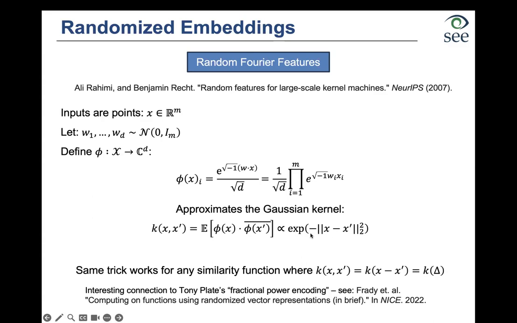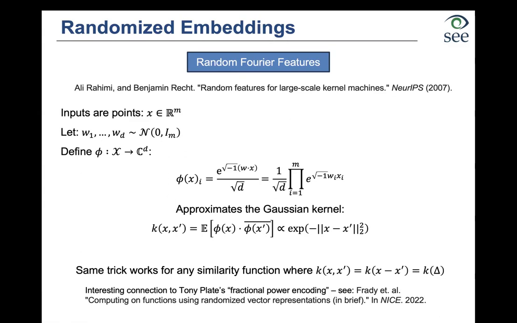The key difference here is that by changing a little bit how we define this embedding, we were able to get a different notion of similarity out of the data, where the underlying notion of similarity is based on the Euclidean distance between these two points. The appealing thing about this particular notion of similarity is that it has this rapidly decaying property: if two points are very, very far away, then their similarity as measured by dot products in this embedding space is essentially 0.